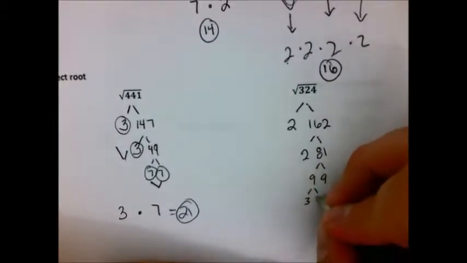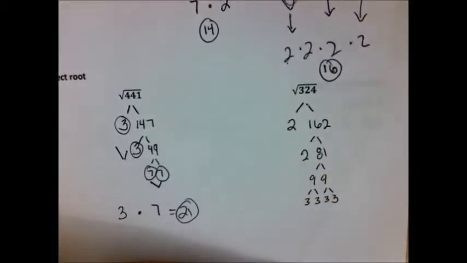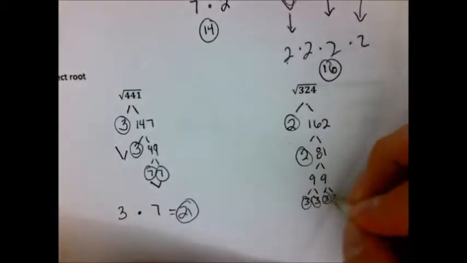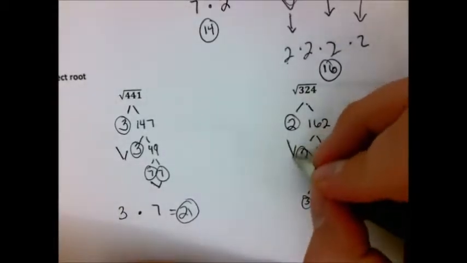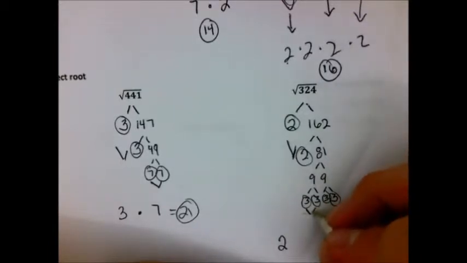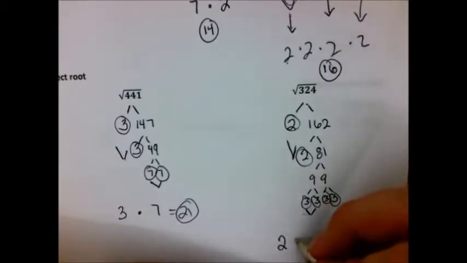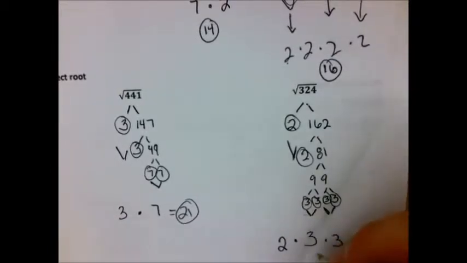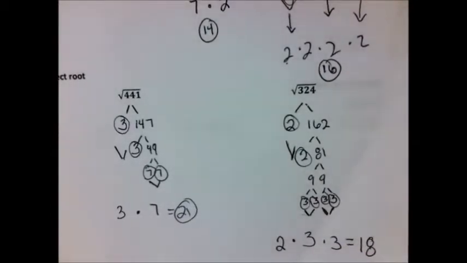Both these 9s break down. So once again, we got to bring these out in pairs. It's 1, 2, 3, 4, 5, 6 numbers we're working with. Here's a pair of 2s, so it comes out as one single 2. Here's a pair of 3s, so it comes out as 1 3. Here's another pair of 3s. So if we take 2 times 3 is 6, times 3 which should give you 18. Let you write that down.